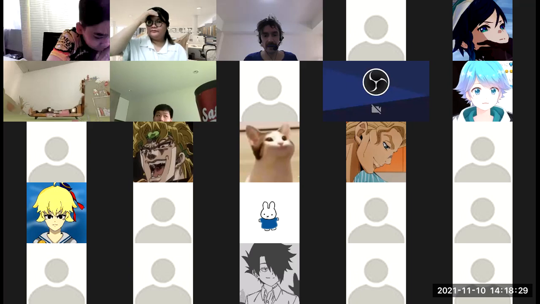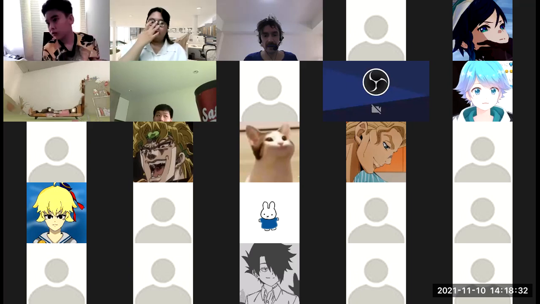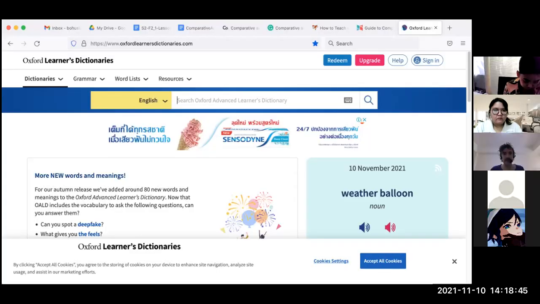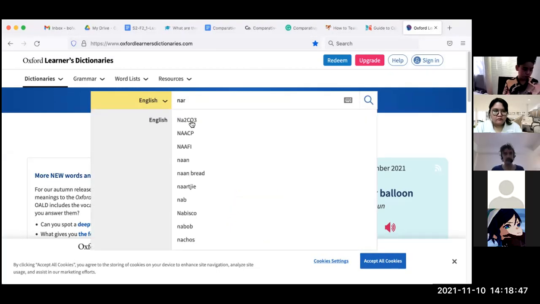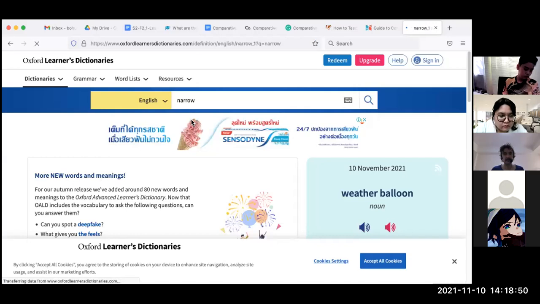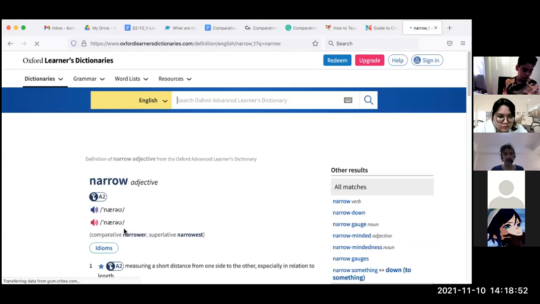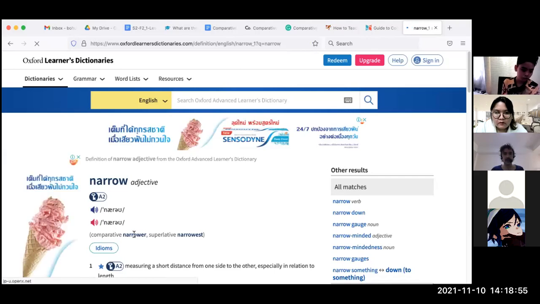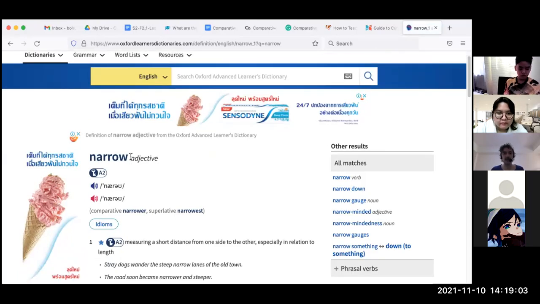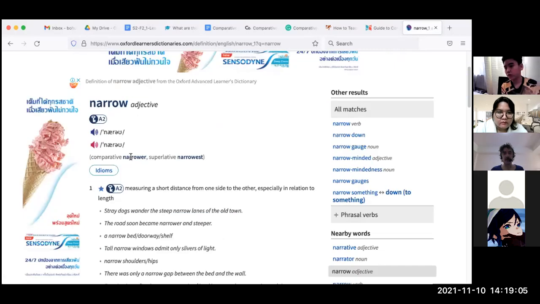Let me share it with you. We have, for example, narrow. So we put narrow in the dictionary, and we see comparative narrower. So we can use narrower. Superlative is narrowest. But actually also more narrow could be used.